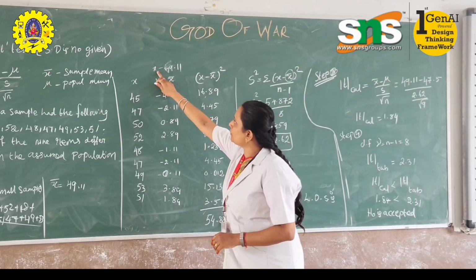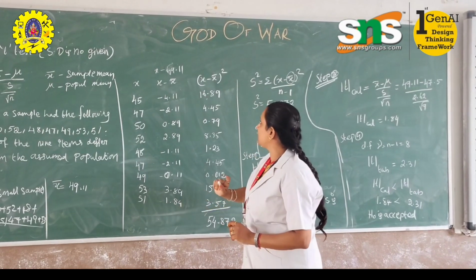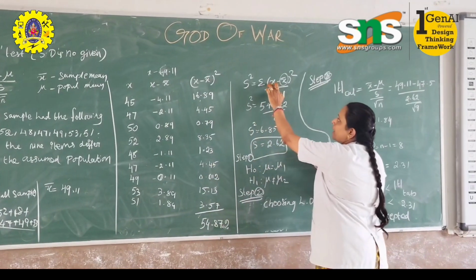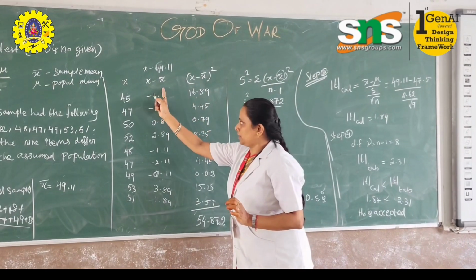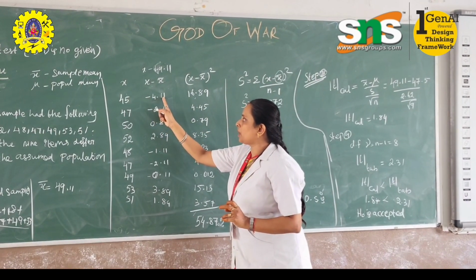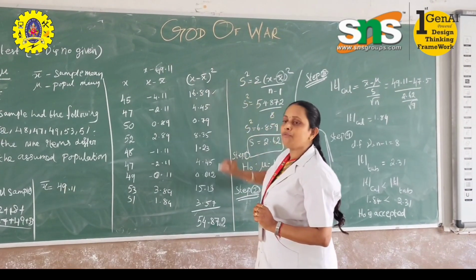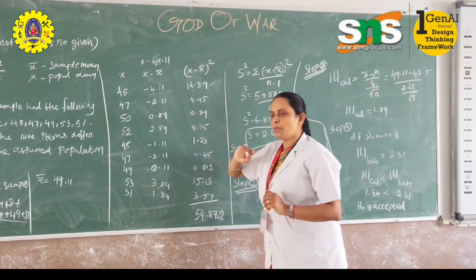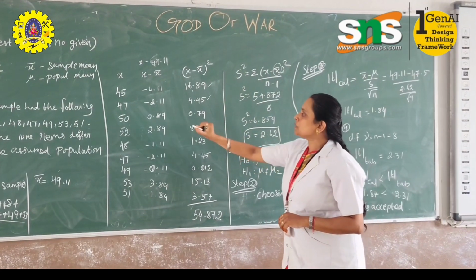Next we find x minus x bar the whole square. Using the calculator, minus 4.11 squared is 16.89, minus 2.11 squared is 4.45, and 0.89 squared is 0.78. Similarly we find all the values.